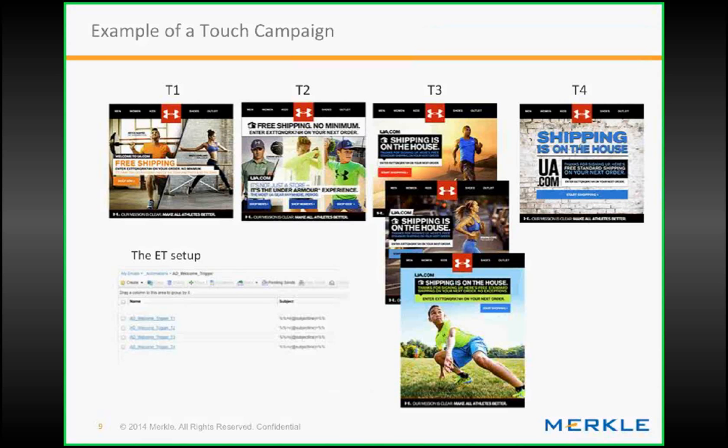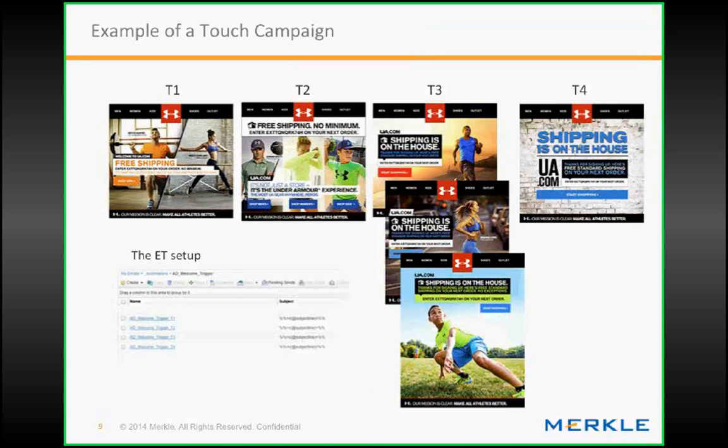I also had a screen grab of how the ExactTarget setup is. Hopefully you can see that everything is in one content area, but then has the individual emails or individual touches within that setup.